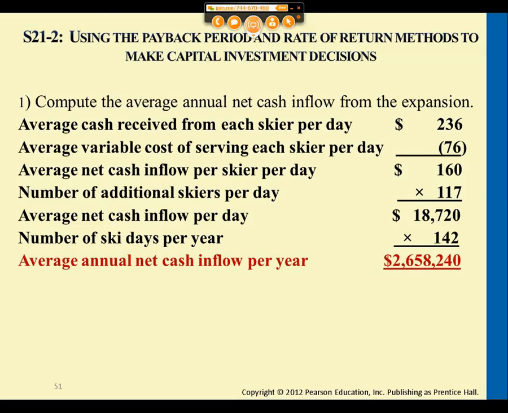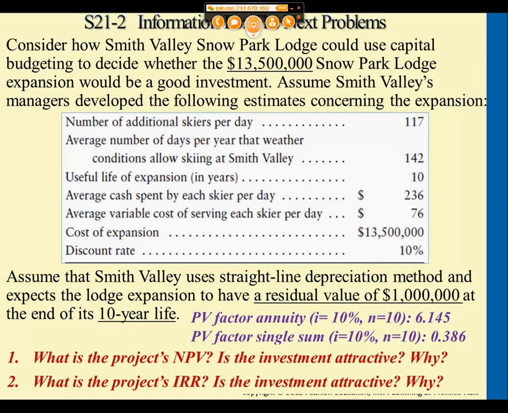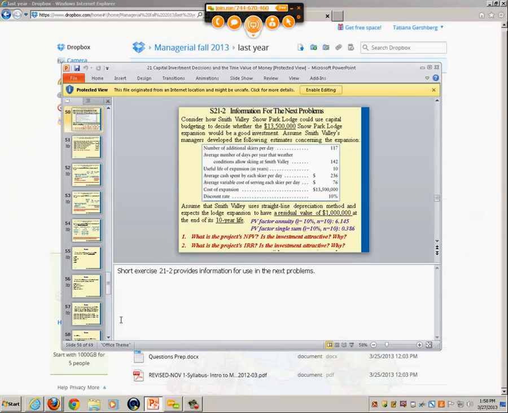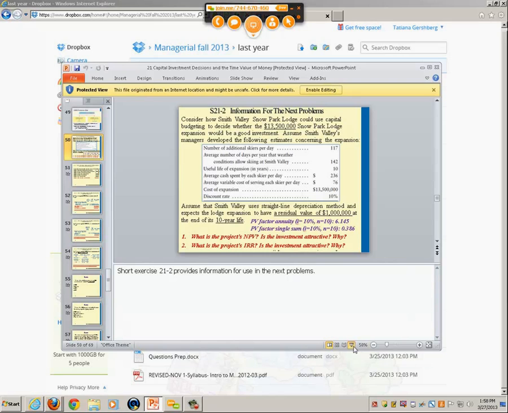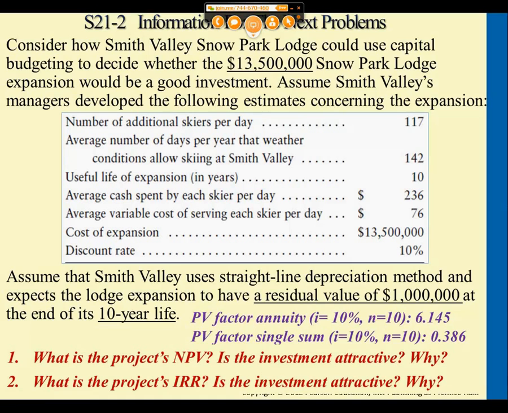So what we want to do right now is to calculate the second part. So just to remind you, how do I calculate NPV?